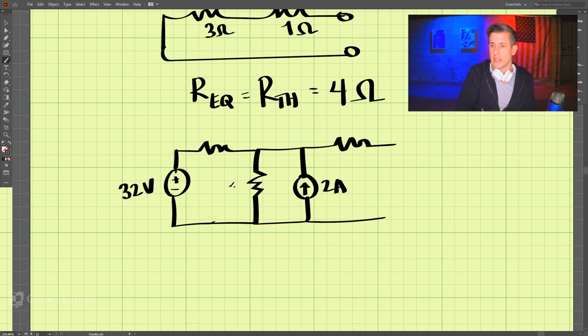And let's label these. So we have 12 ohms, we have 4 ohms, and we have 1 ohm.